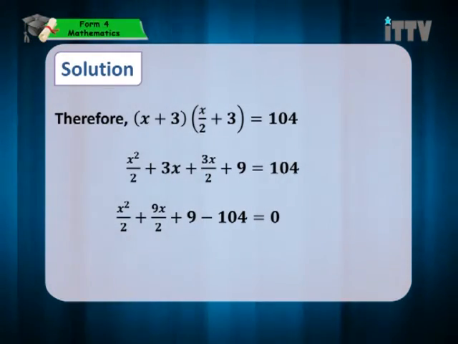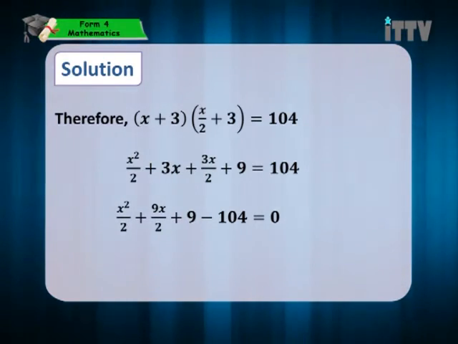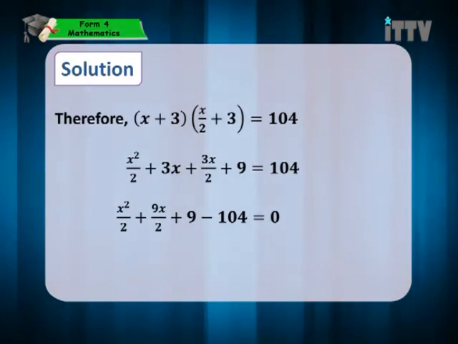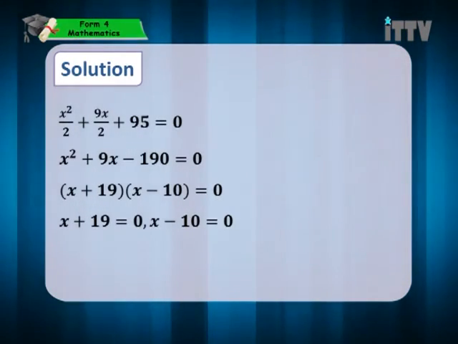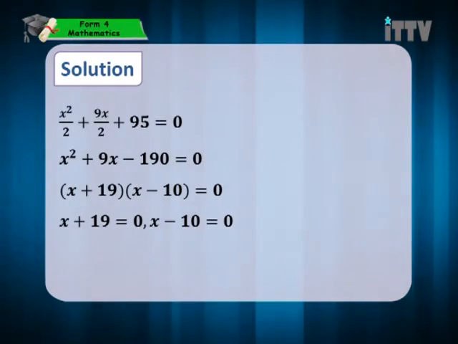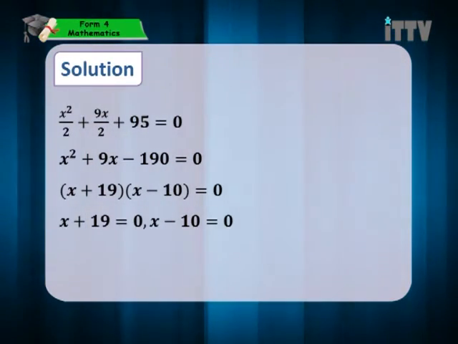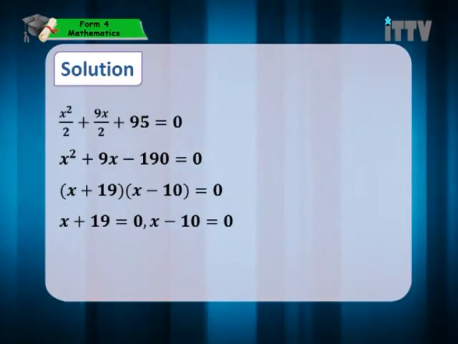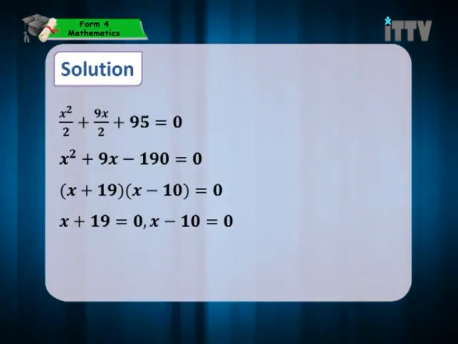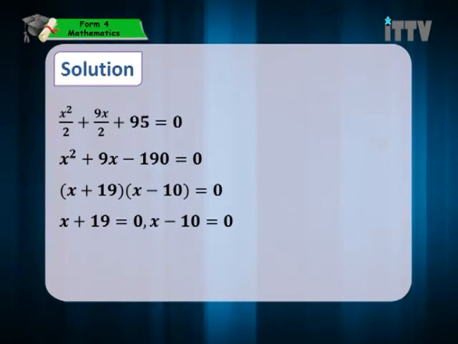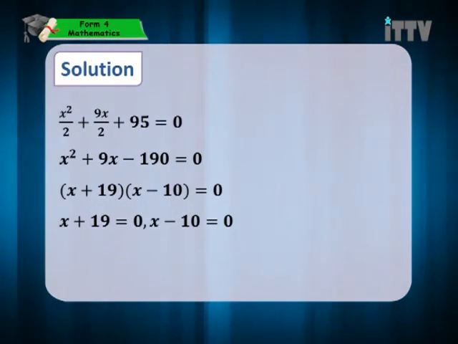X squared over 2 plus 9x over 2 plus 9 minus 104 equals 0, which gives x squared over 2 plus 9x over 2 minus 95 equals 0. Get rid of the denominator 2. Multiply everything by 2. You will get x squared plus 9x minus 190 equals 0.